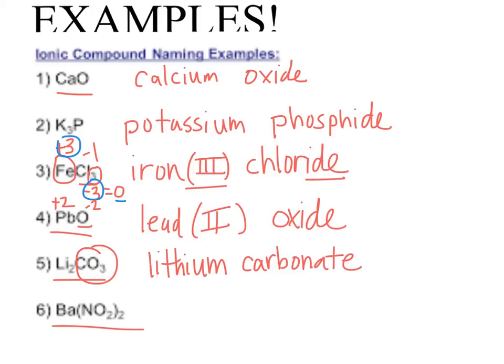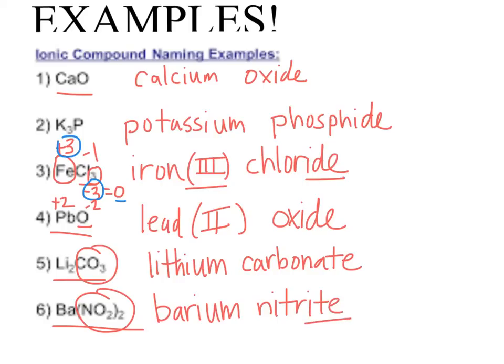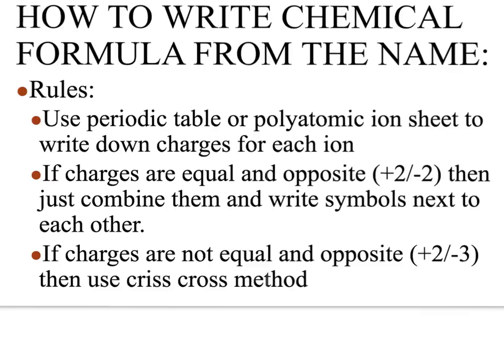Then the very last one, number 6, barium. This is polyatomic, and that one is nitrite. Okay, barium nitrite.